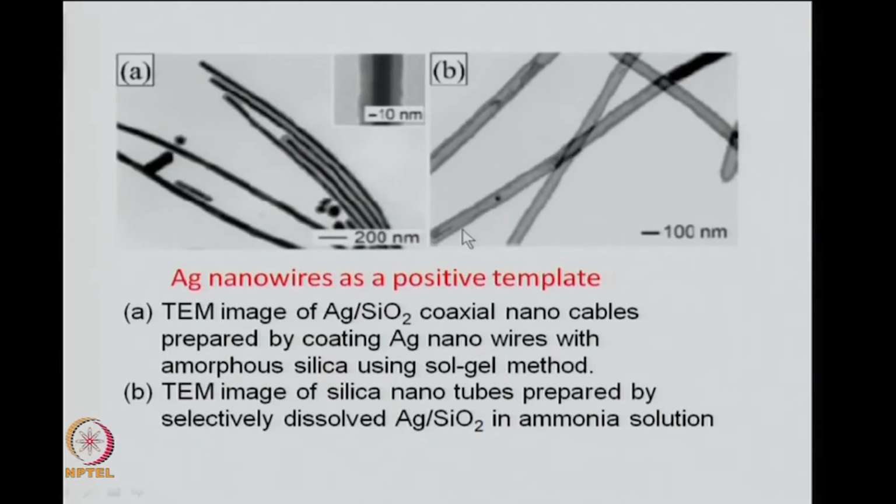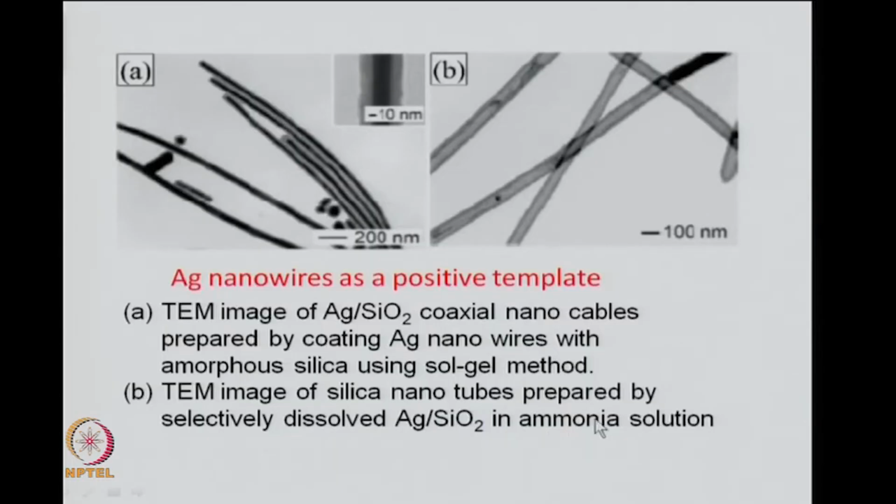So, this tube looks empty inside, whereas here it is very dark inside. All the silver which was inside this tube has been removed by leaching it away using ammonia.